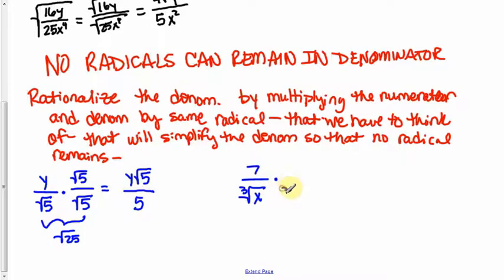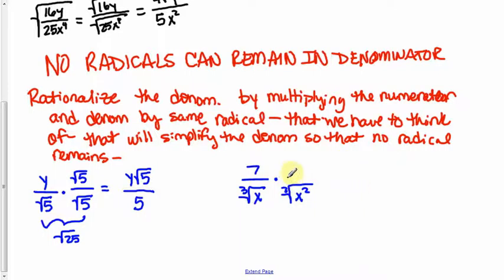How many do you need? How many more x's would you need to be able to take the cube root of this factor that's under here? 2 more? Does everybody think that you need 2 more x's? If I have 1 x and I add 2 more x's, how many x's would that give me underneath the radical? 3. Can I take the cube root of something to the 3rd power? Yes.